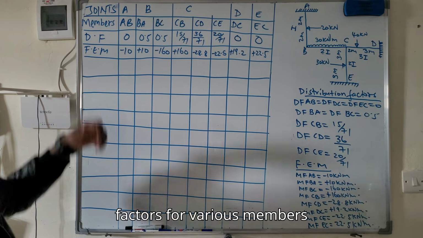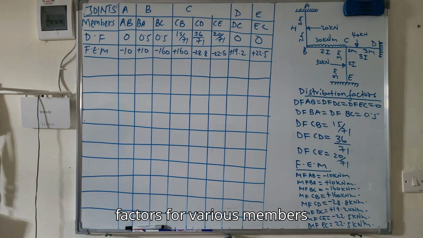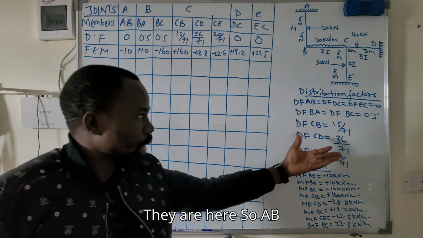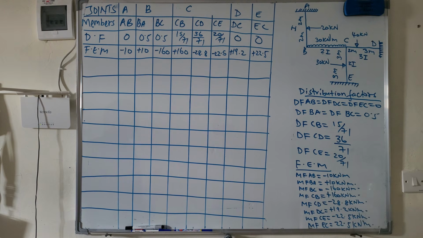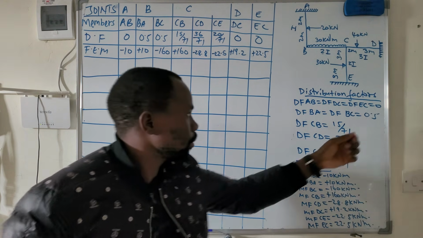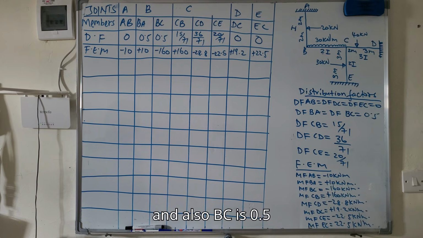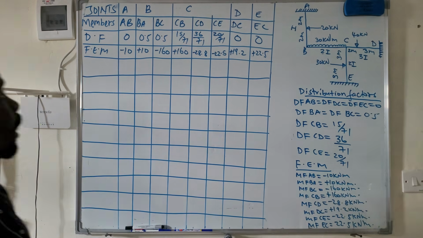We have distribution factors for the various members. They are here. AB is 0, as you can see. BA is 0.5, and also BC is 0.5. CB, 15 over 71 is here.